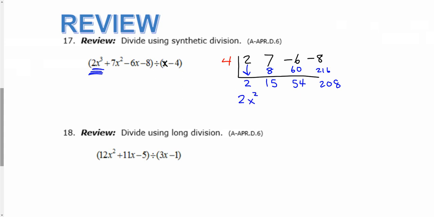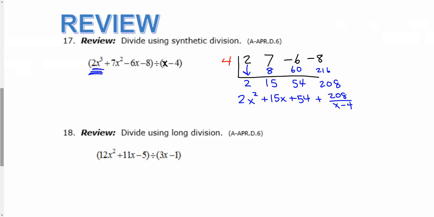So it's 2x squared plus 15x plus 54 plus, the last number is always your remainder. Kind of. 208 goes on top though. And then x minus 4 goes on the bottom. Well, in this though, this is the top and this is the bottom. So that's why it always stays at the bottom.